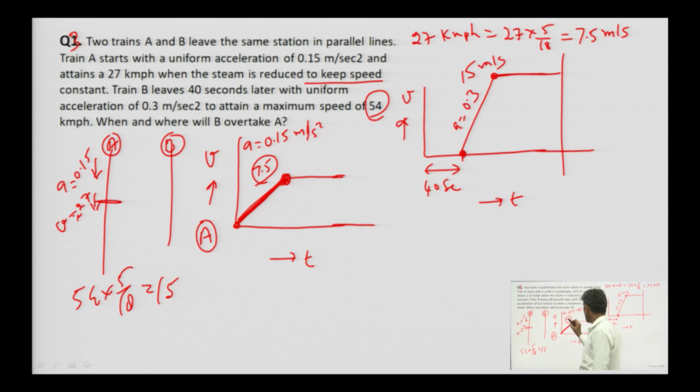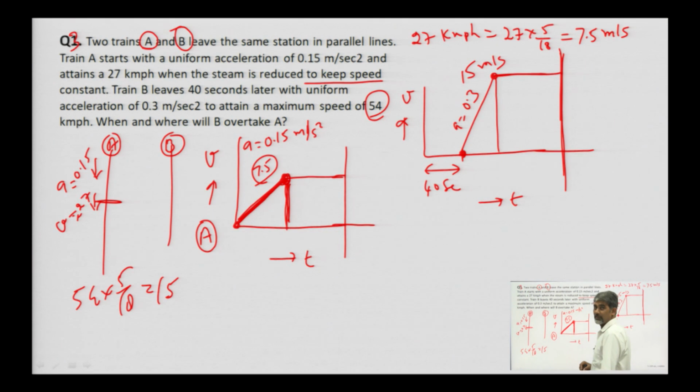A is moving with 7.5 meter per second, B is moving with 15 meter per second, just double the speed of train A. That is why train B will overtake. So, how will we solve that? It is very simple. Find out the area, the total distance traveled. If the total distance traveled by both trains A and B is the same, then B will overtake.